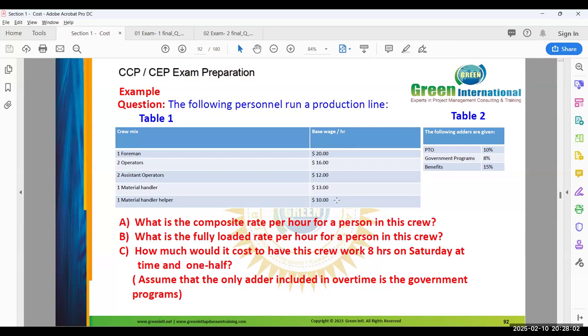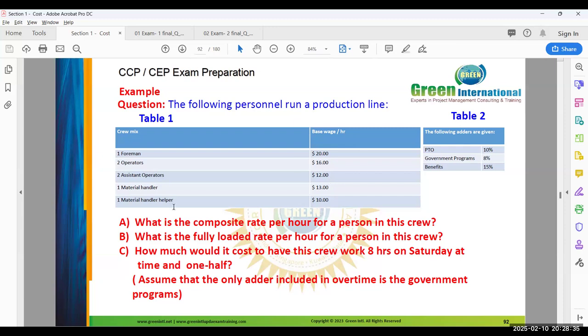How will you calculate the man-hour rate? Basic wage plus add-ons plus allowances, something. No, they are asking the basic wage rate only, the composite rate. It's like one foreman into $20, two operators into $16. So overall I need to consider the cost of the crew, then divide by the number of people.